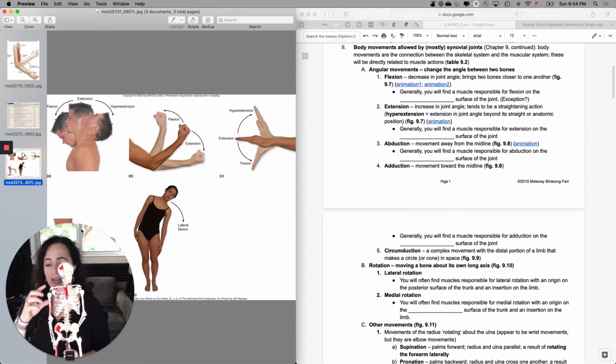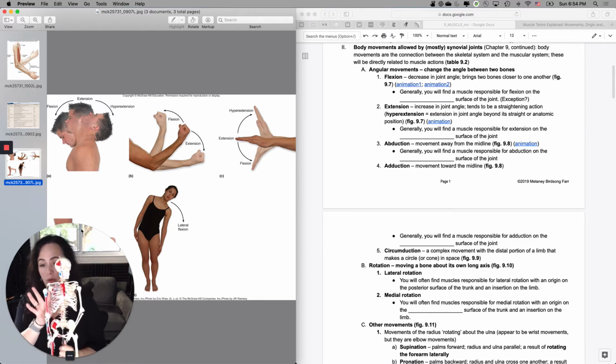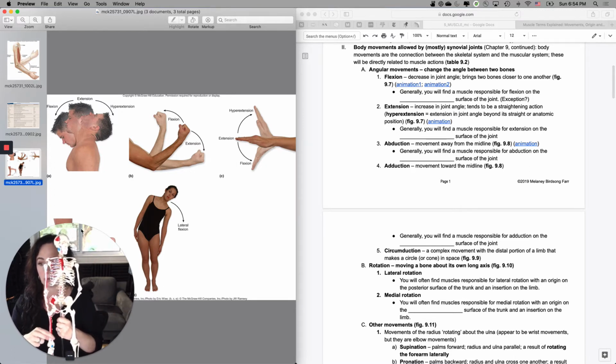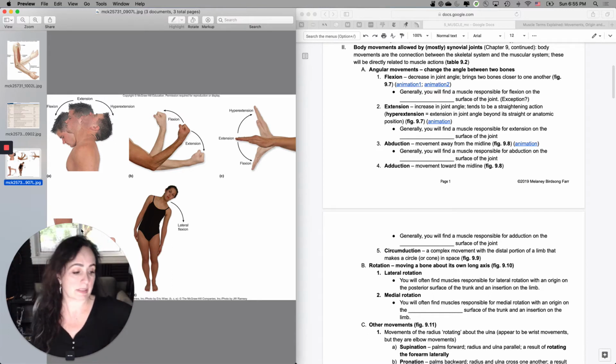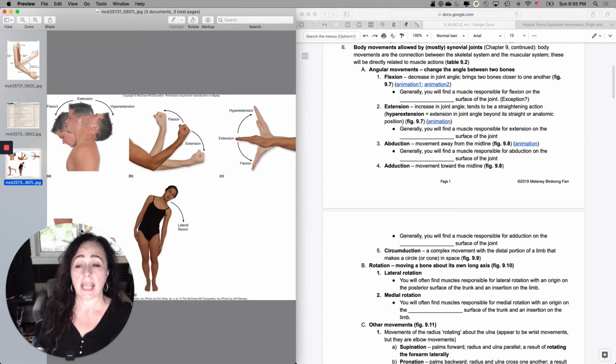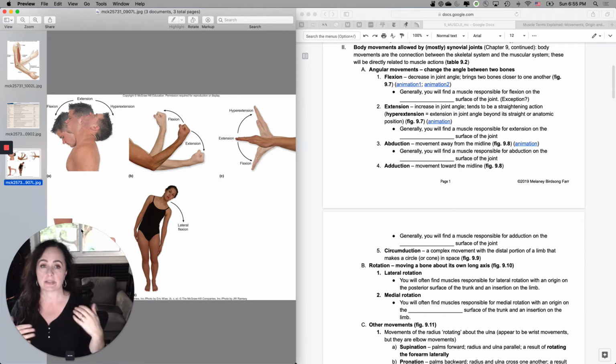Likewise, you have an angle between like the torso and the humerus, and I can change the angle there, right? Okay. I can change the angle between the ossa coxae and the femur. I can do it that way, or I can do it that way. Okay, I can even do it this way. So these are what are called angular movements. And the type of angular movement has a specific name.